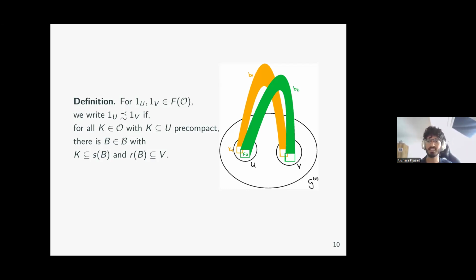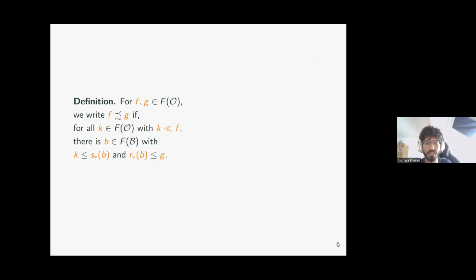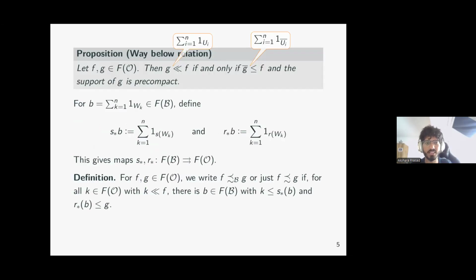Sorry, Akshara. Don't you want this K to be contained with the closure in the set U? Wait, no, because compact containment means that K is pre-compact and the closure of K is contained in U. No, because in the way below, what I have here is just that the support of G is compact.